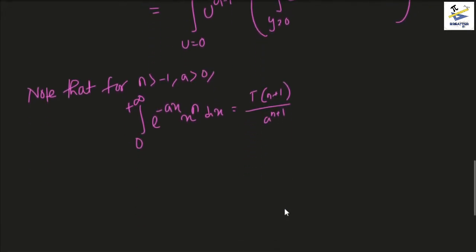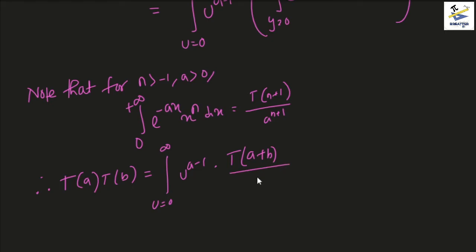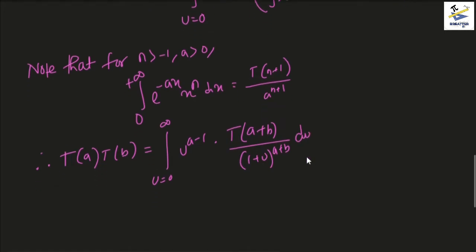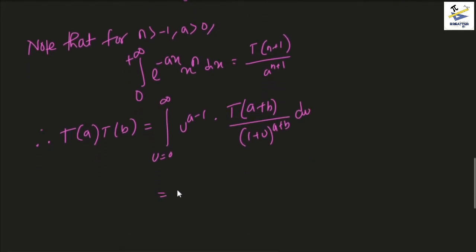So therefore gamma of a into gamma of b would then be the integral from u equals 0 to infinity of u to the power a minus 1 multiplied by gamma of a plus b divided by 1 plus u whole to the power a plus b du, and this then would be equal to gamma of a plus b into the integral from 0 to infinity.